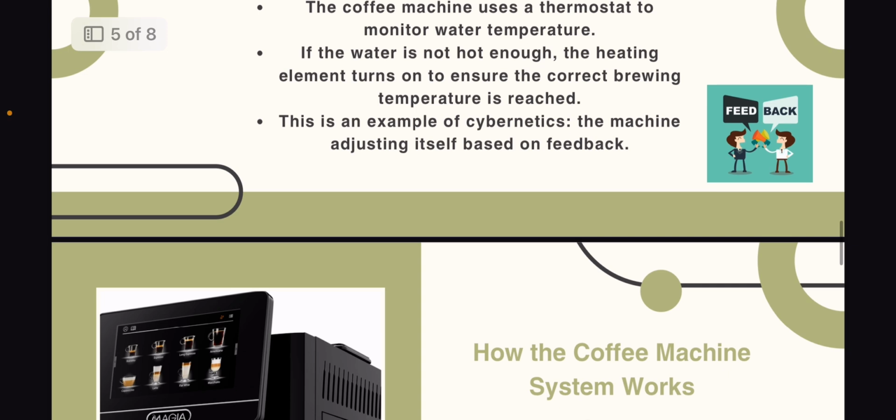It processes inputs to produce an output and uses feedback to adjust its operation, maintaining efficiency and product quality. The interplay of inputs, outputs, and feedback ensures the system runs smoothly and achieves its goal of brewing coffee. That's why it's an open system.